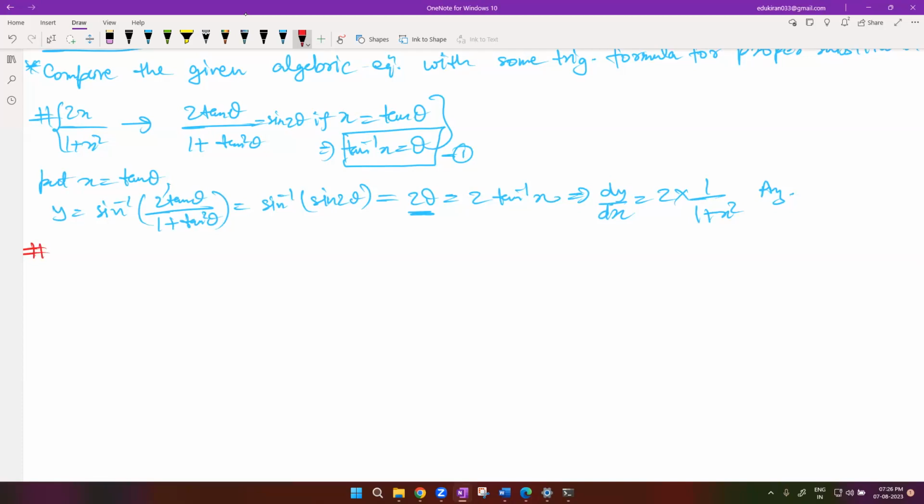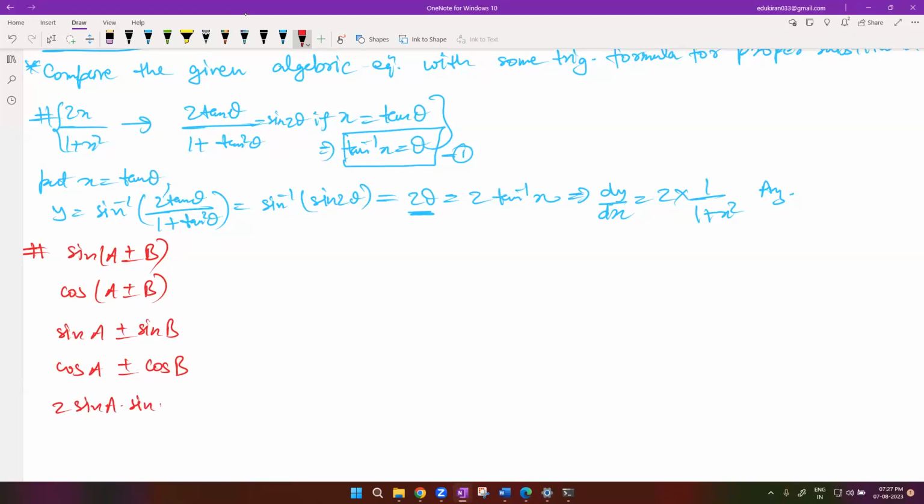Important ones start from your 11th trigonometry, which is basically the first formula: sine of a plus b, sine of a plus minus b, then cos of a plus minus b, then sine of a plus minus sine of b, then cos of a plus minus cos of b, then 2 sin a sin b, then 2 cos a cos b. Just a minute.